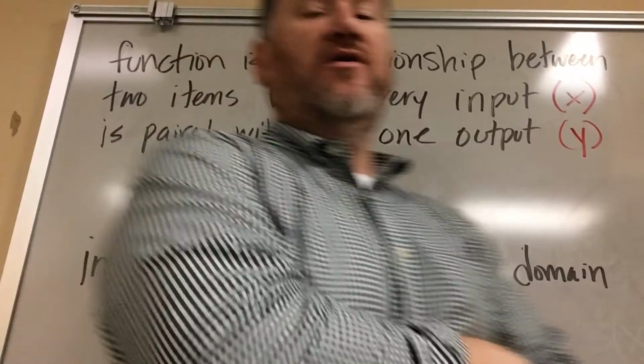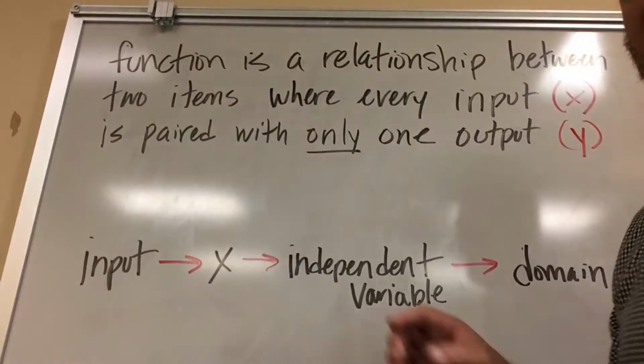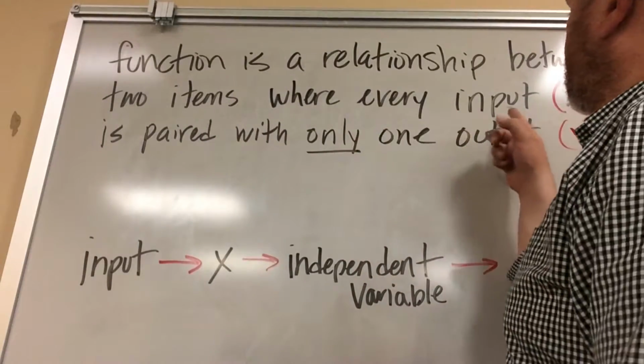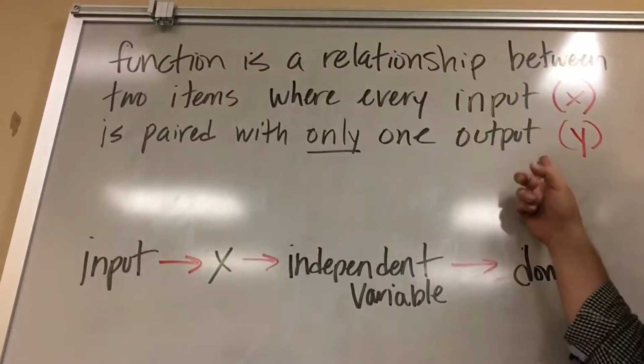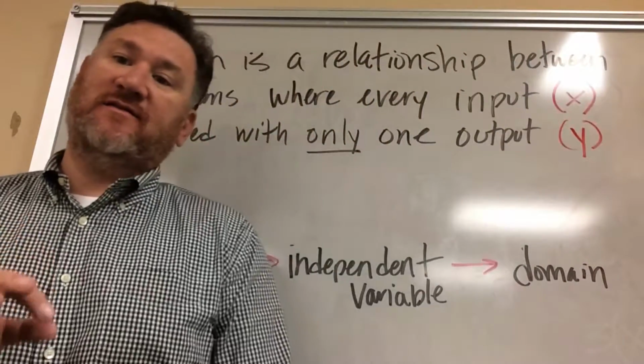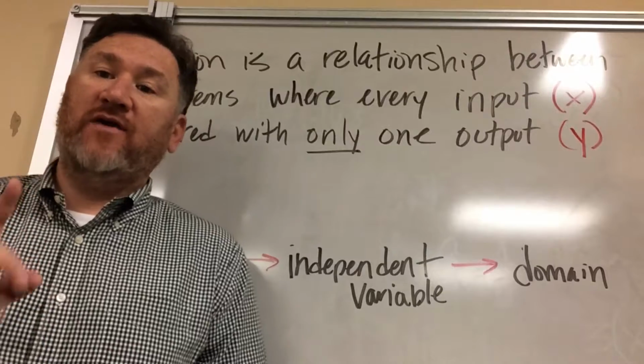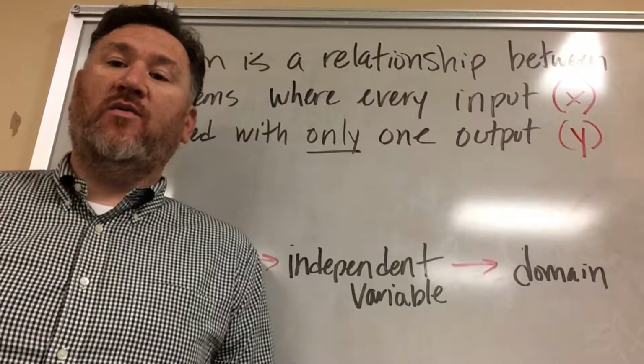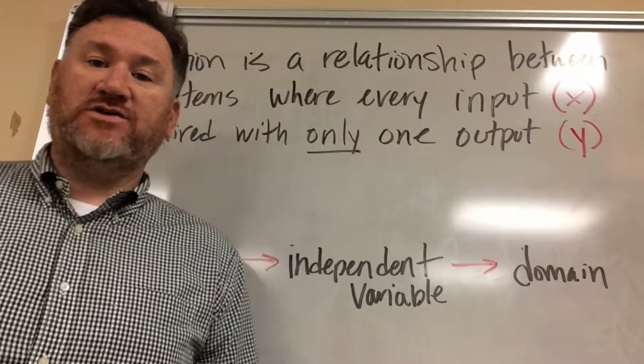So it's important that you guys remember and focus on the fact that every x only has one y. It doesn't have to go the other way, okay? The y's can have as many x's as they want, but every x number can only be paired up with one y in order to make it a function.